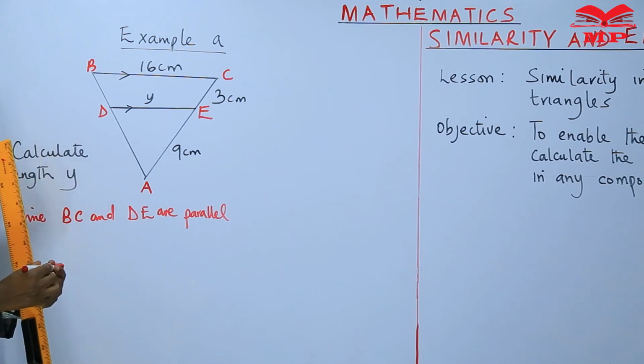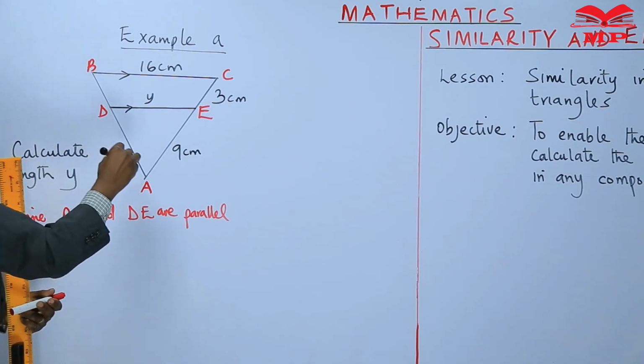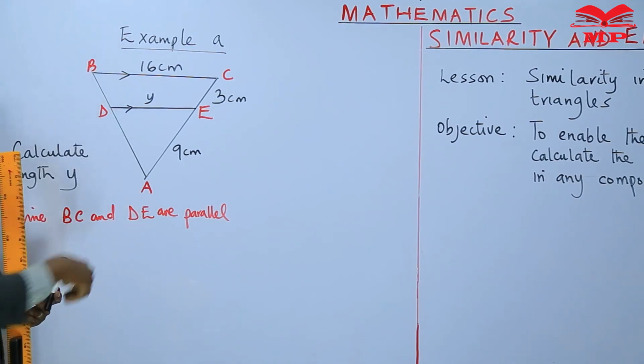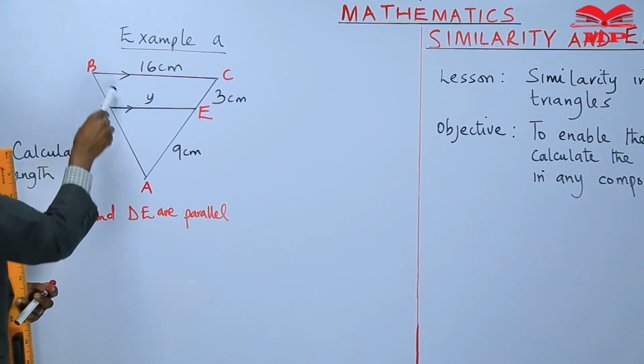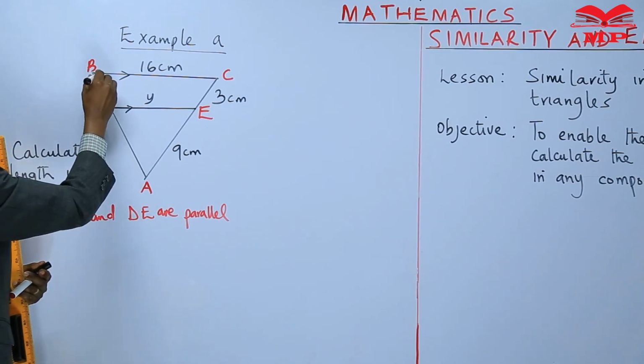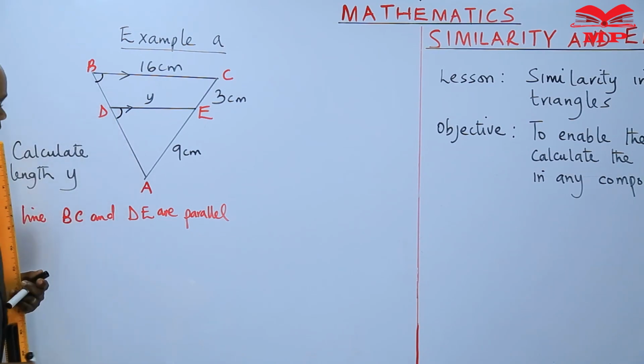That is what we know. So when two parallel lines are crossed by a transversal, a line, a series of corresponding angles is created. You'll find this angle will be equal to this one.